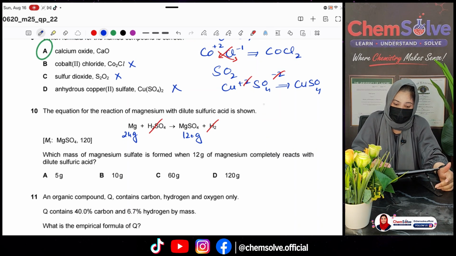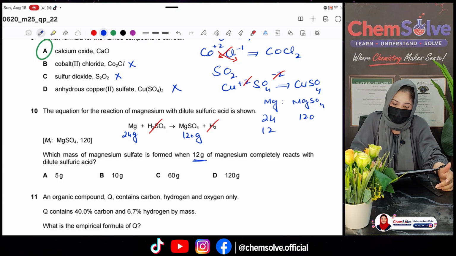So I will write here Mg ratio MgSO4. So if this is 24 and this is 120 gram, so if magnesium is 12, what would be MgSO4?